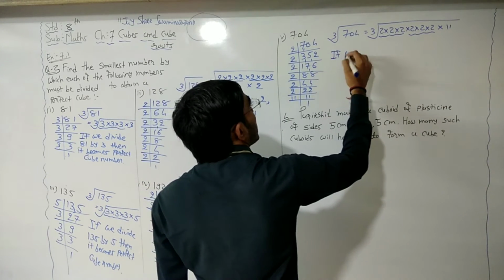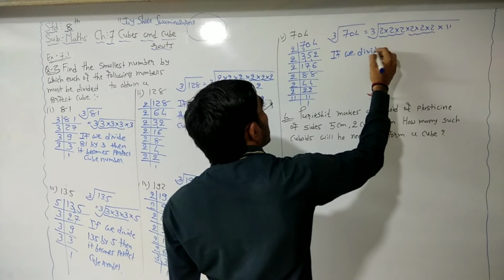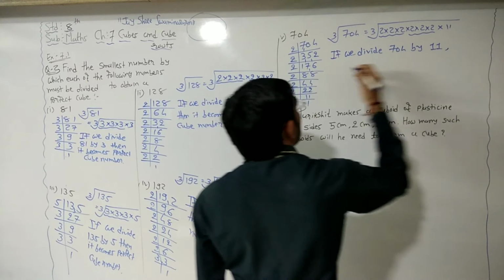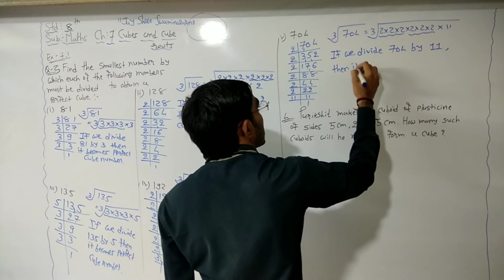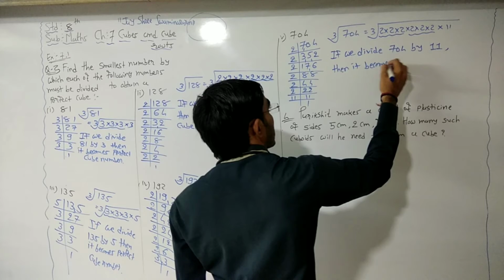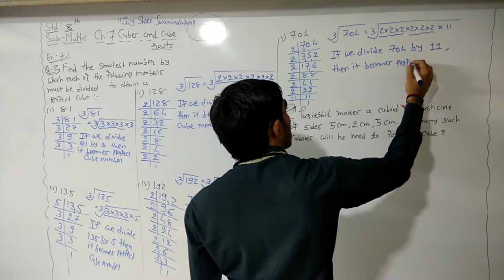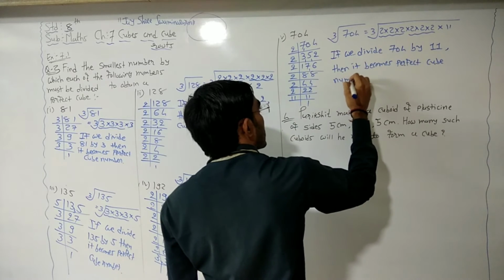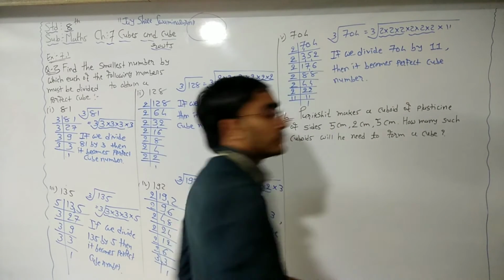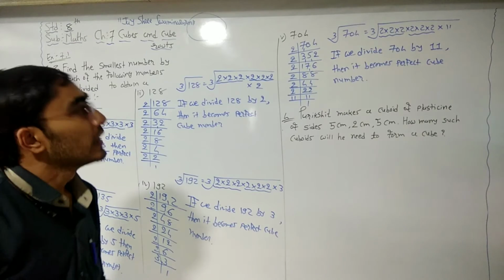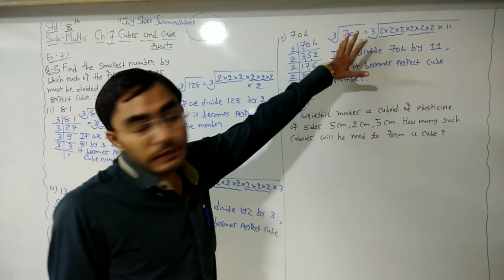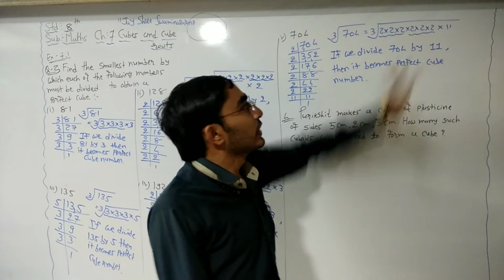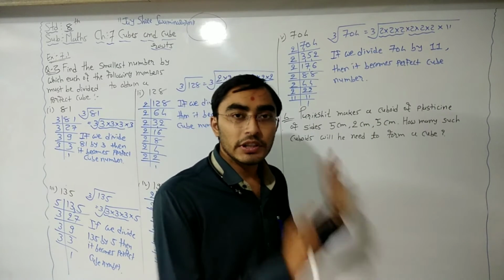So if we divide 704 by 11, then it becomes a perfect cube number. So if we divide 704 by 11, then this 11 cancels and this number becomes a perfect cube number.